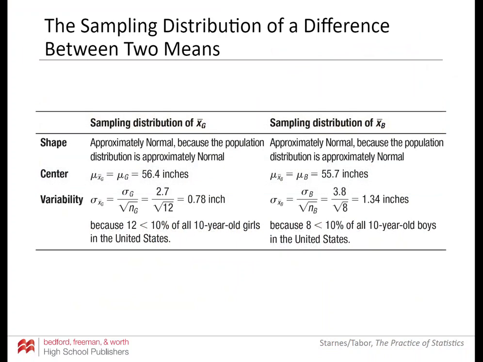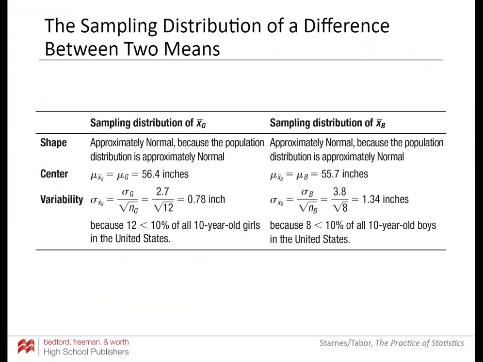Here's what we get. Both of these sampling distributions would be approximately normal because the population distribution is approximately normal. The center would be the same as the center for the population. And remember that there is a formula for the standard deviation.